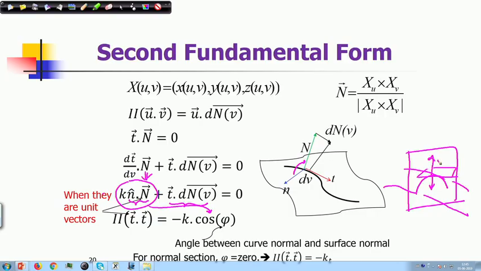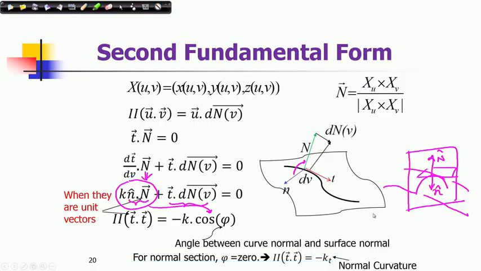The direction of the curve normal and the surface normal are either 0 or 180 degrees, depending upon the topology of that point, so the dot product would be either 1 or minus 1. In this way you can get the corresponding surface curvature, and this is called normal curvature.